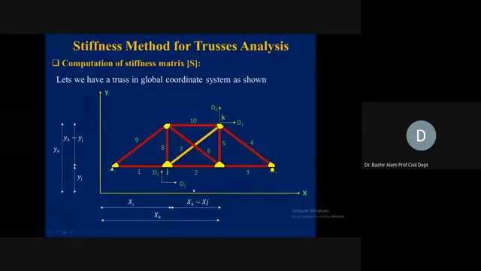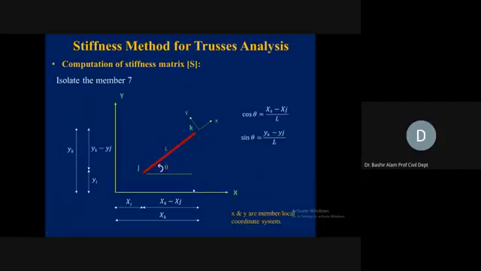Now let's see how we put this theta in terms of, so trigonometric functions we will be bringing in. Now this is the same member 7, which was inclined, joint J, joint K. You see here xk minus xj, which is the horizontal projection of this diagonal member. And the vertical projection you see here, yk minus yj.